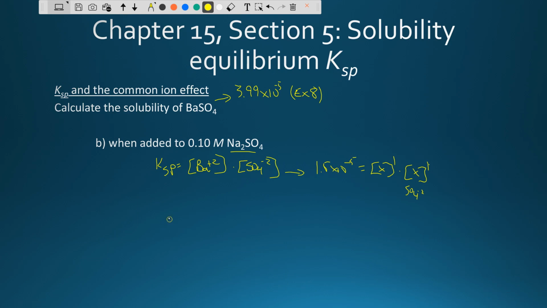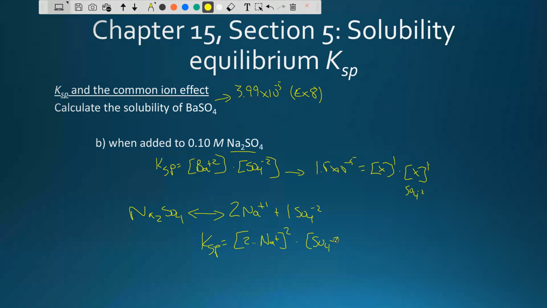Now let's take a look at my sodium sulfate. Now notice with sodium sulfate, that is 2 sodiums plus 1 sulfate in there. So I'm going to be adding in, Ksp is going to be 2 times my sodium squared times my sulfate.